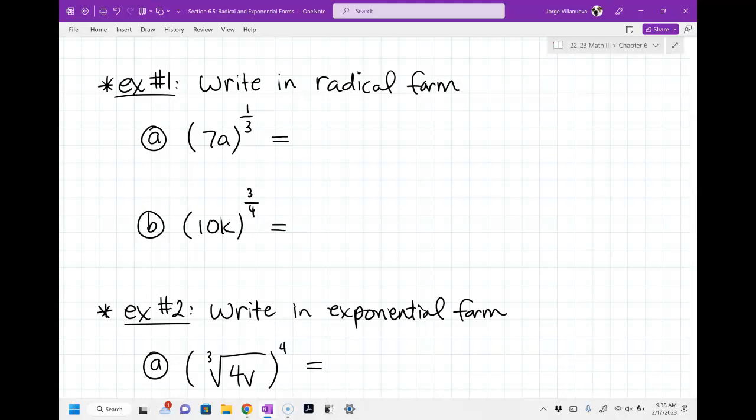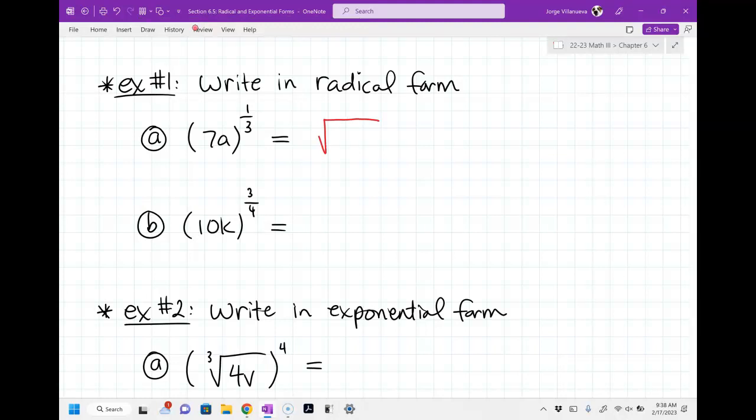So for example number 1, write in radical form. I'm just going to change it from a base with a fractional power to a radical. All right, so I'm going to write a radical.